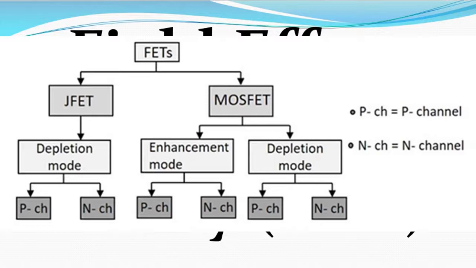So that is to tell you that the field effect transistor does not involve a PN junction, and that is the most important thing you should also bear in mind.